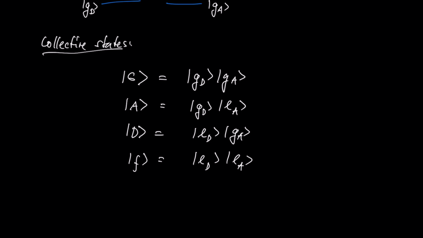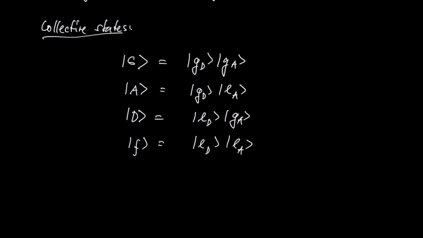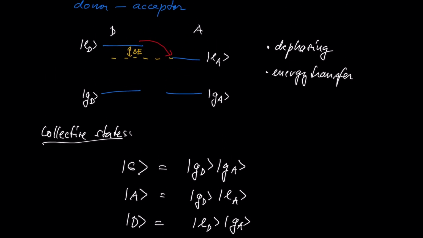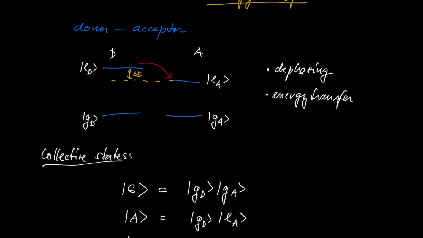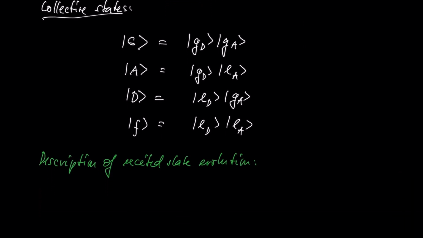All right, so we will need these states. We will also need a description of the excited state evolution. We will need it because we know that in some of the Liouville pathways that can potentially open in this system, we will have to propagate the system in the excited state.